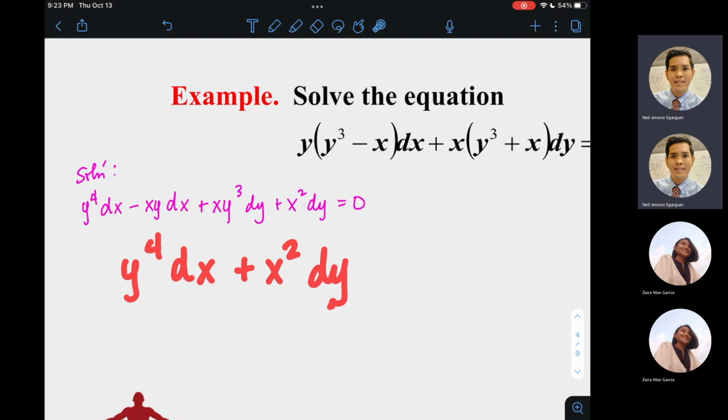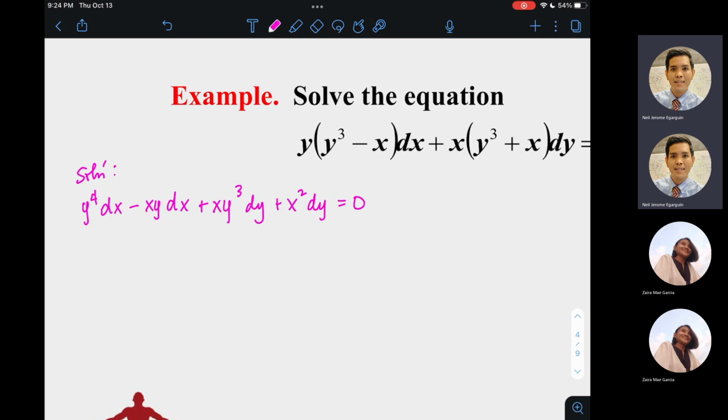Right? Wala na akong pwedeng ma-factor kasi wala namang common monomial factor yung y to the fourth at saka x squared. Wala tayong easy formula for that.